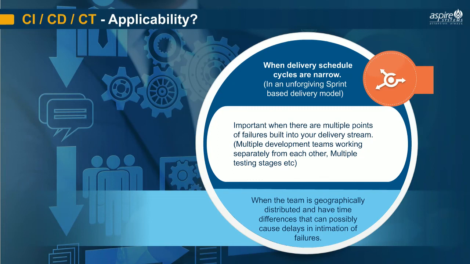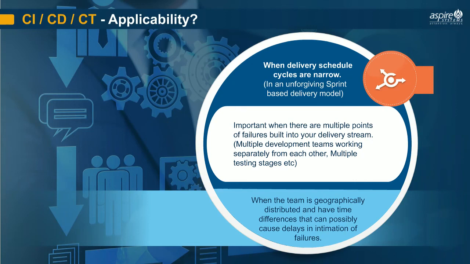If the teams are sitting geographically in distributed locations, or it can also be a functional distribution per se. Say your development team wants to hand over a release to a testing team, and within your testing team you could have multiple teams, again, one for regression testing, one for performance testing, one for new functionality testing, or whatever it is.